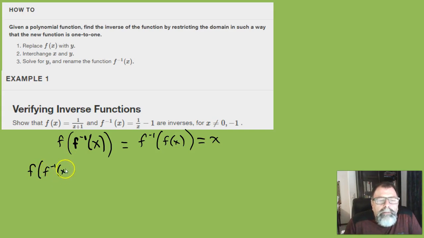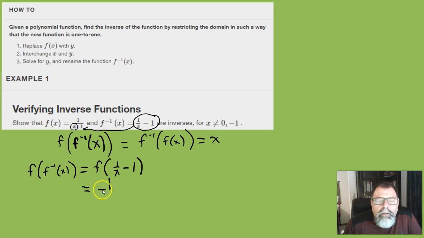of f inverse of x, well, f inverse of x is this. We're going to take that expression and plug it into the f. So we take the x out of f of x, and plug this expression into that function.